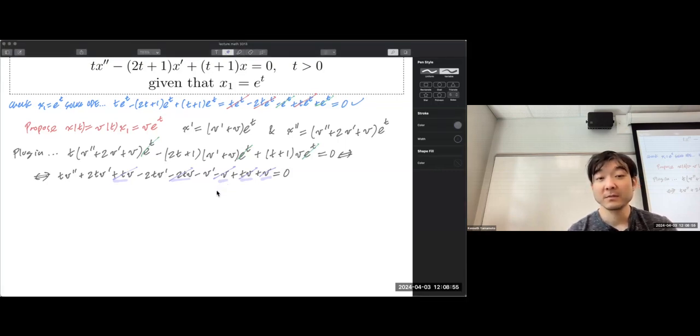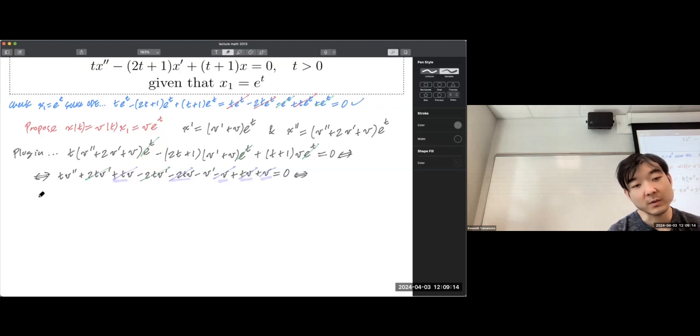Not all the v prime terms will cancel, but at least these two will cancel. So this is 2t v prime, 2t v prime. Those cancel, but we still have a v prime term here. So not all the v prime terms will cancel, but the v terms will always cancel.